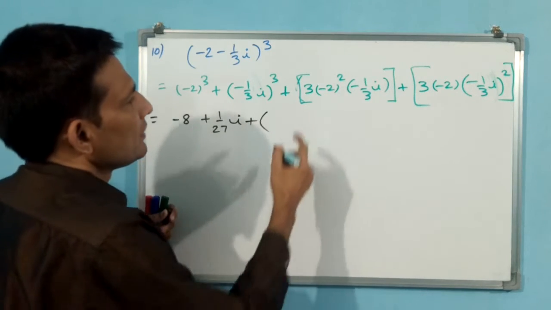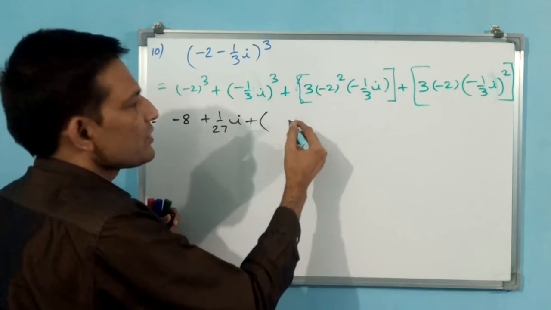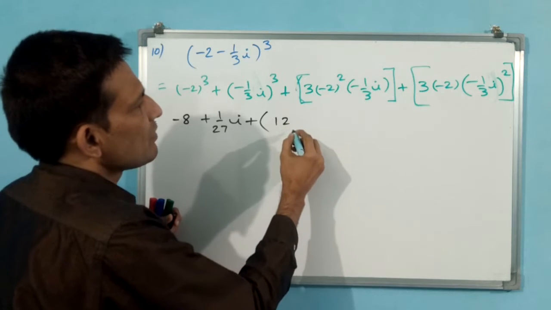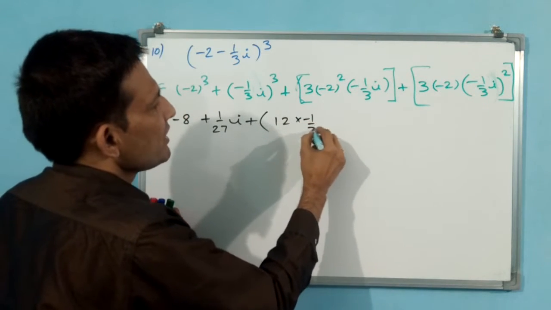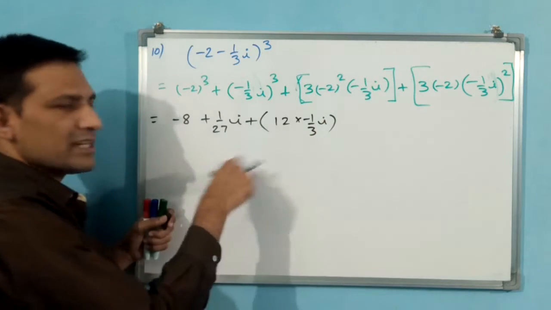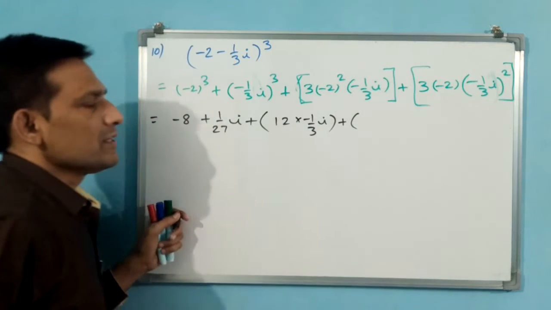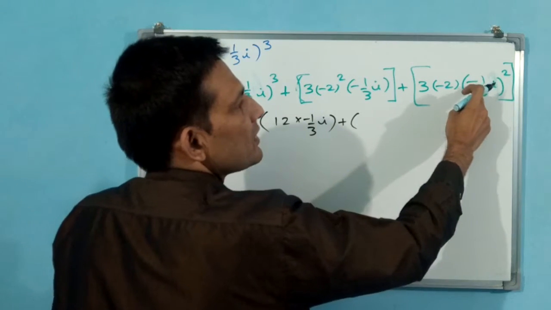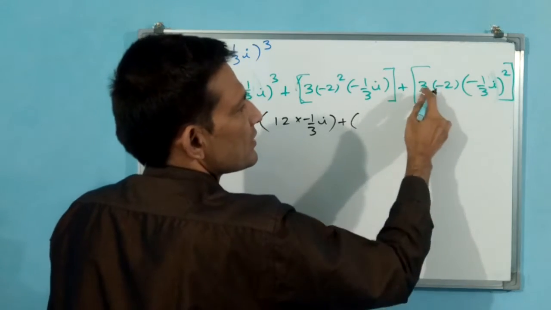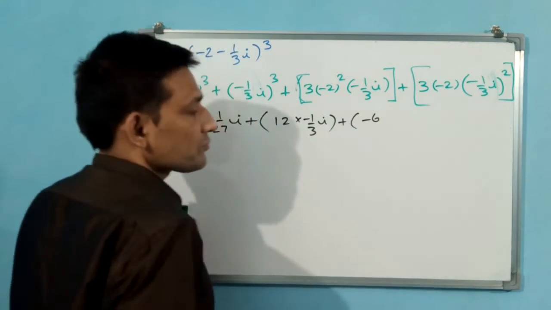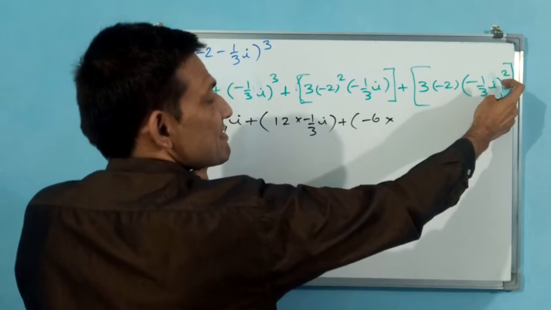Minus 2 square is plus 4, plus 4 into 3 is 12. But here you see minus 1 by 3 i. In the next step we are going to calculate this one. Here also, minus 2 square, minus 6, into i square, which is minus 1.